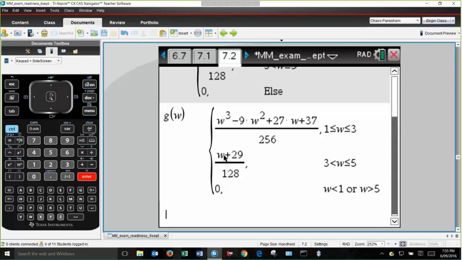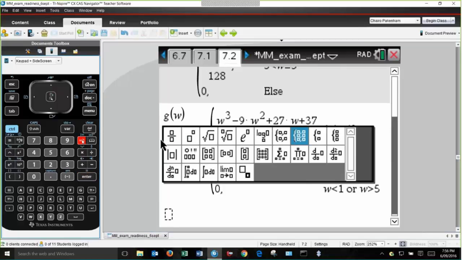So the expected value is going to be, I'm going to need the integral, so I could get it from the calculus menu, but I'm going to get it from here.